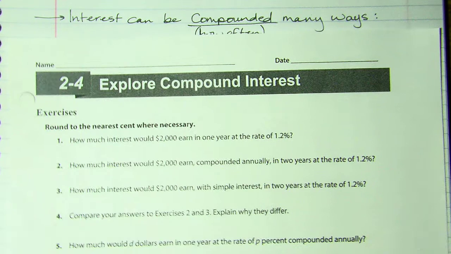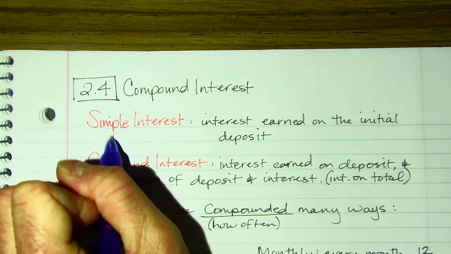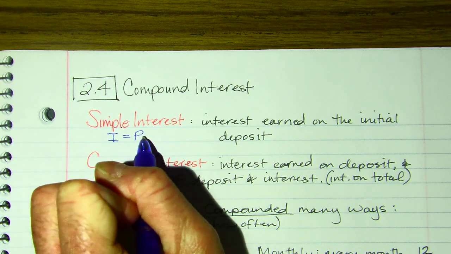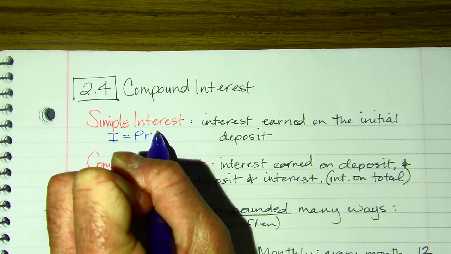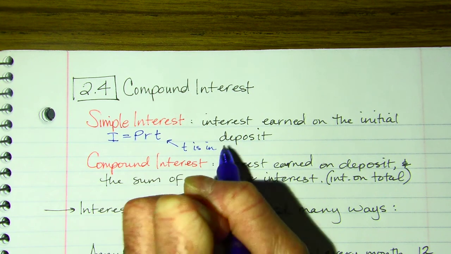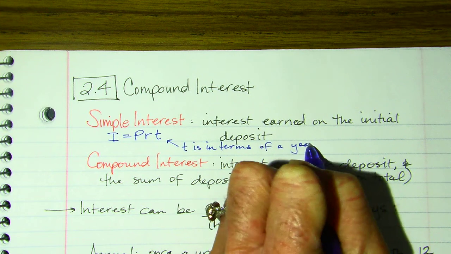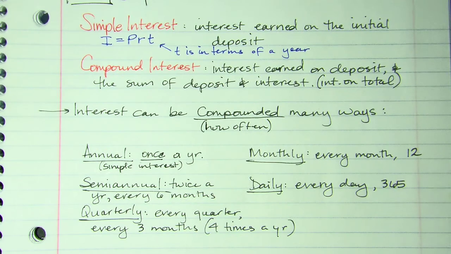So really quick, let's review that simple interest formula. Simple interest is I equals P times the rate times t. And t is in terms of a year.